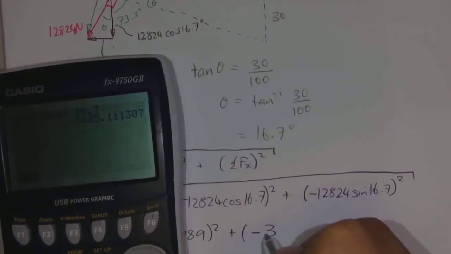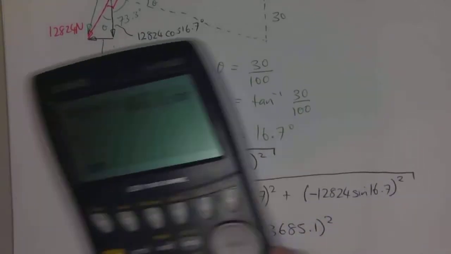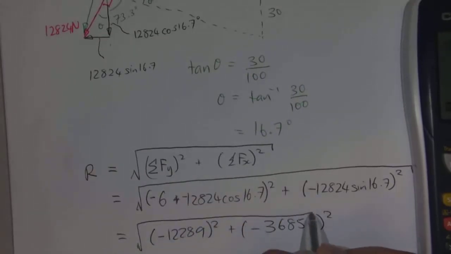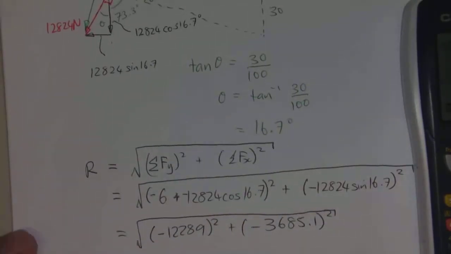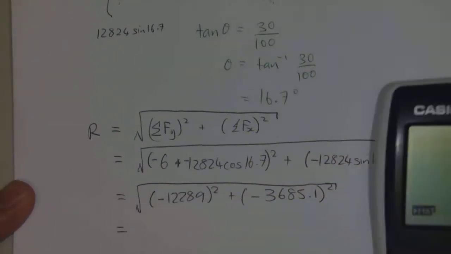Alright, so minus 3685.1 squared, and then we can square root the entire equation. Okay, so then we can find out the resultant force.